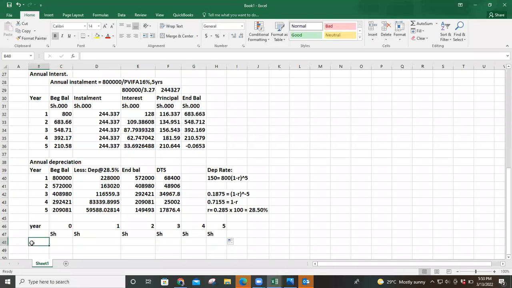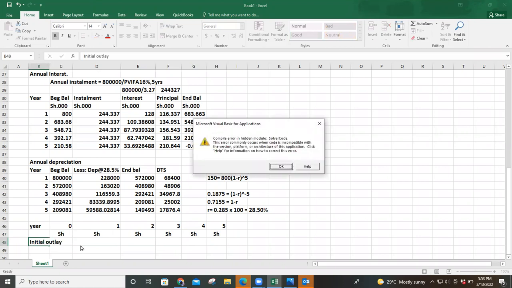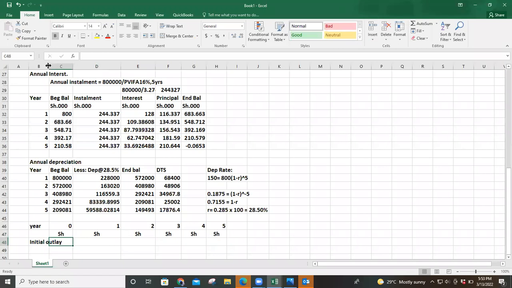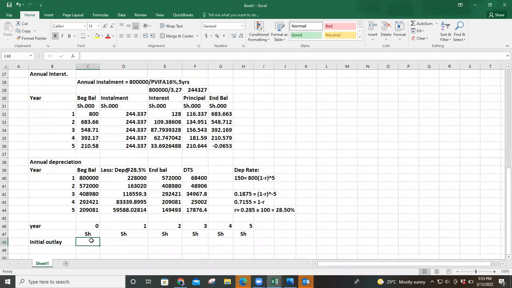Then we can start with the initial outlay. We have to spend 800,000 to buy the machine.